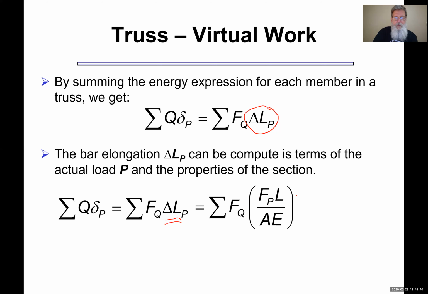So now if you look on the right-hand side, I've got a virtual force and a real force, and then real things about the truss: length of each element, cross-sectional area of each element, elastic modulus of each element. On the left-hand side, what do I have? I've got a real displacement at some point, and a virtual force.